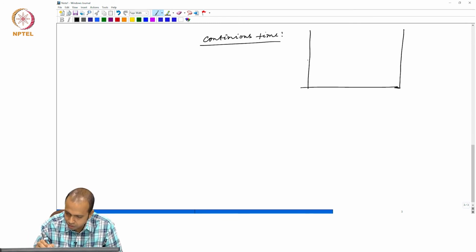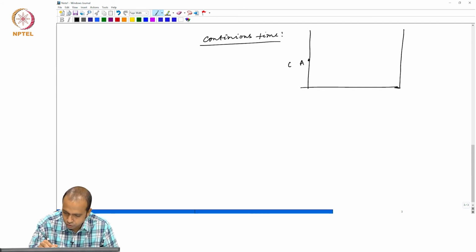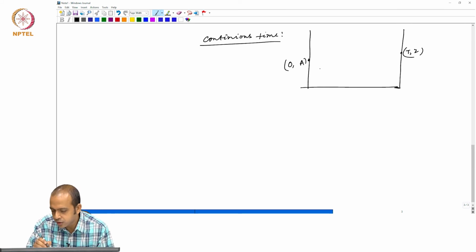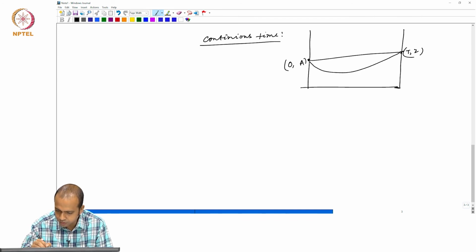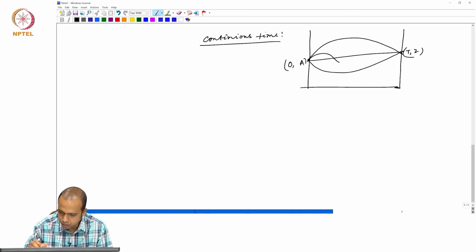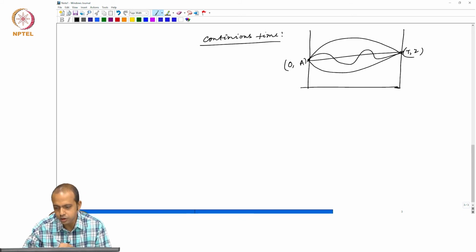So, you are here, at 0A, and you will reach here, TZ. Okay. So, either you can travel directly from here or you can travel from here, or let us say here.